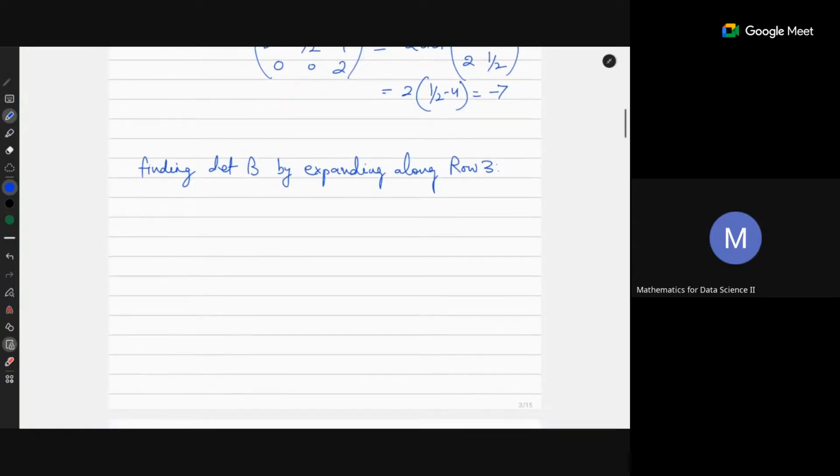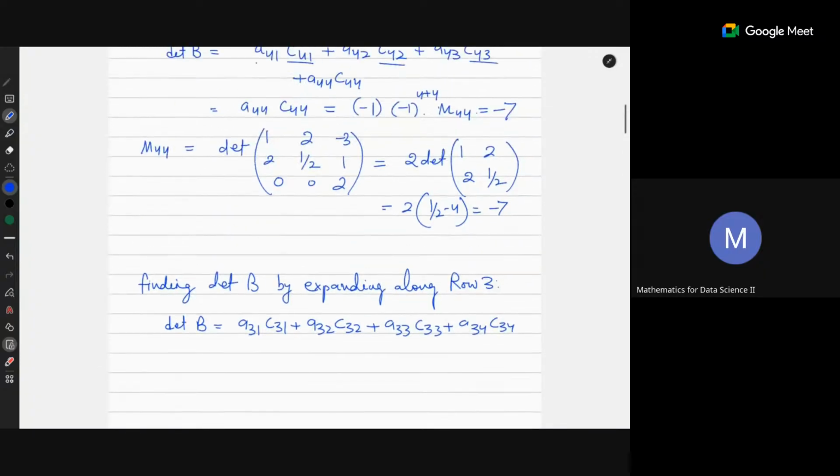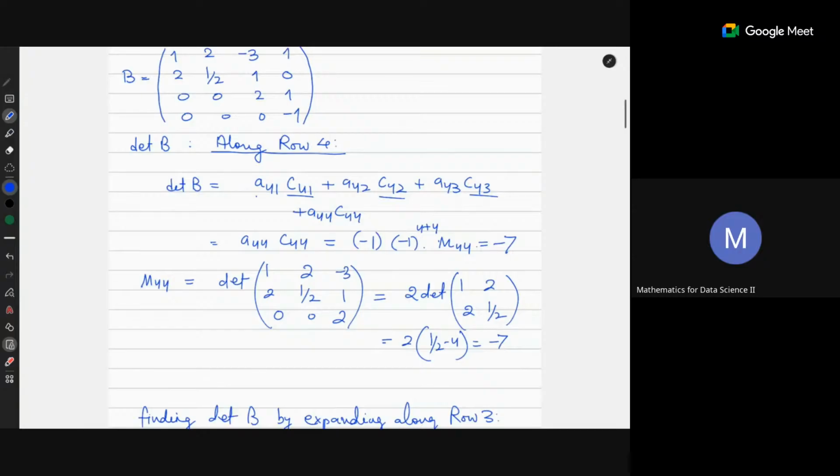So along row 3 means determinant of B is given by this expression: A31, C31, A32, C32, A33, C33, A34, C34. Now what is A31? A31 is 0. A32 is also 0. And A33 is 2 and A34 is 1.